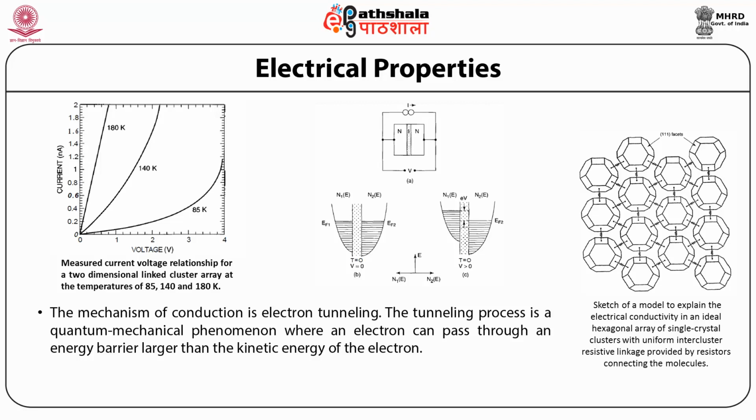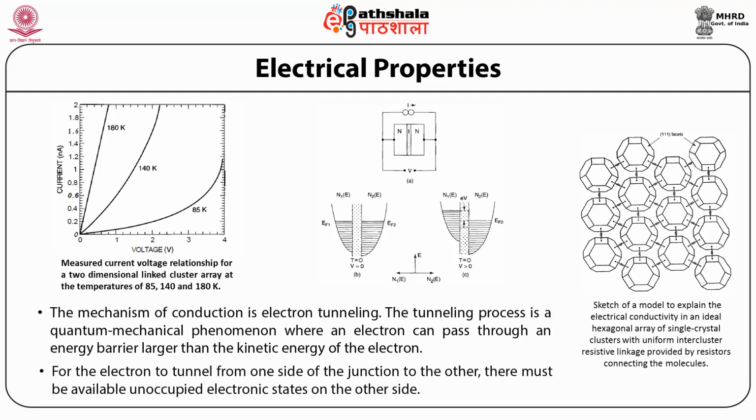Thus, if a sandwich is constructed consisting of two similar metals separated by a thin insulating material, as shown in the figure, under certain conditions an electron can pass from one metal to another. For the electron to tunnel from one side of the junction to the other, there must be available unoccupied electronic states on the other side.